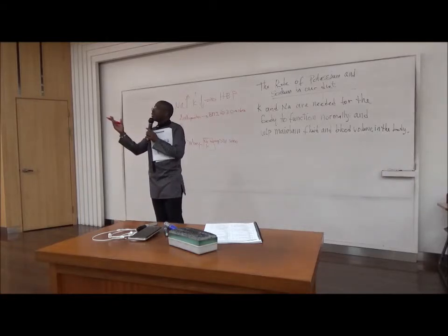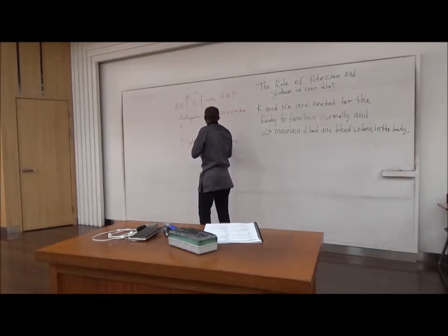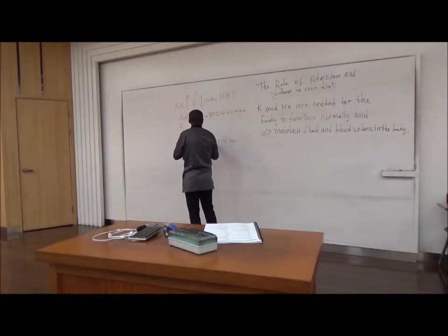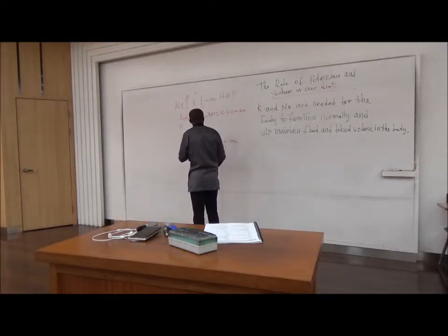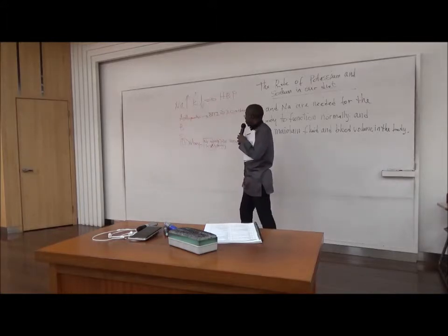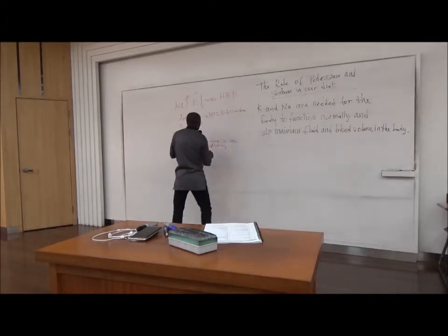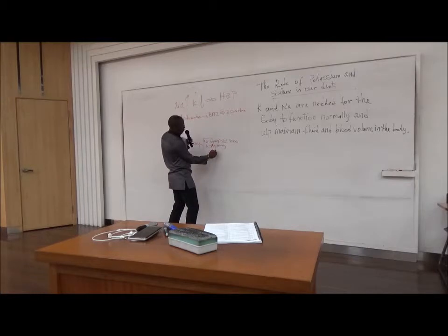2,000? 3,000. Okay, 3,500 milligrams. So this is the daily value. But when we look at what the person ate, we see for example 200 milligrams.